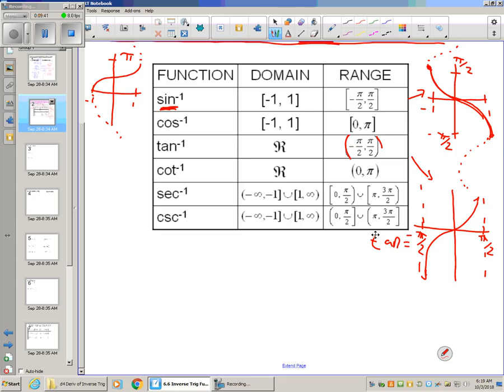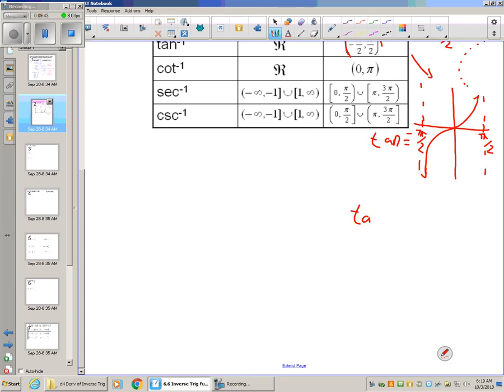Remember that tan inverse is the flip of that. So we now have horizontal asymptotes at pi over 2 and negative pi over 2. So just keep those graphs in mind as we go through these problems.